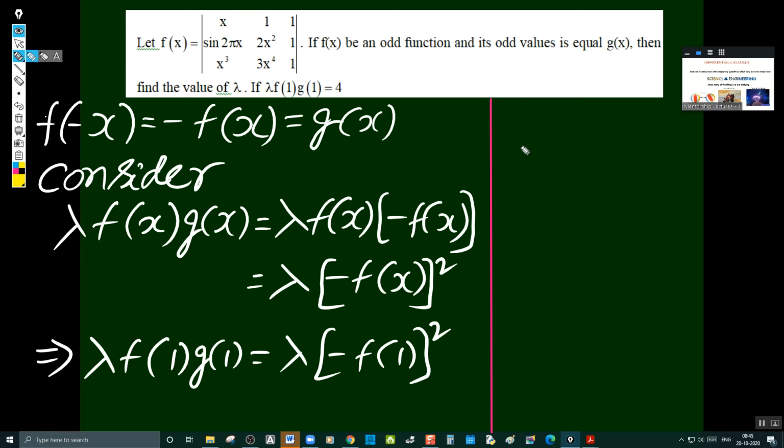f of 1 is equal to the determinant with 1, 1, 1 and the other entries.